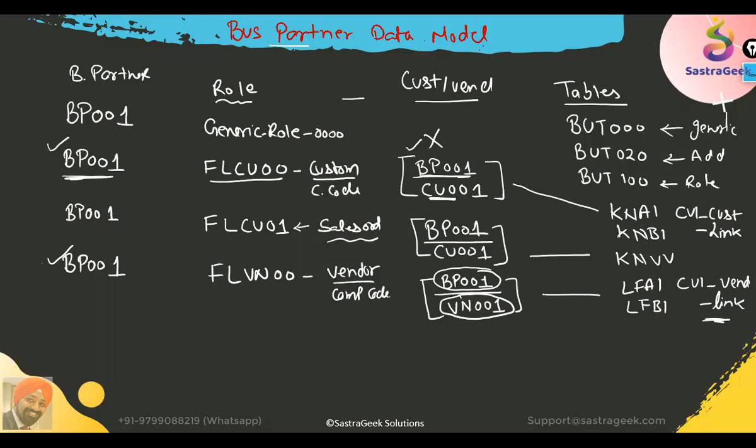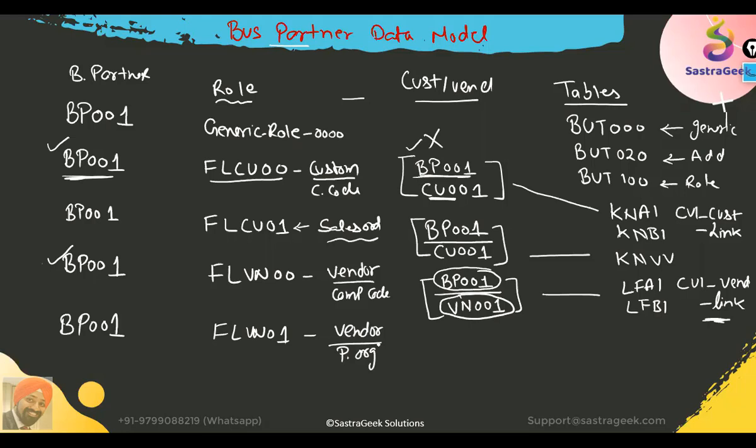Now say you also want to extend this vendor to purchasing. So BP001, the FLVN01 role, you would be extending it to vendor purchase organization.